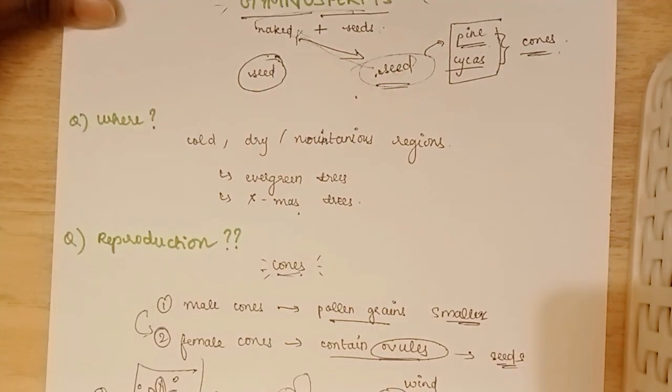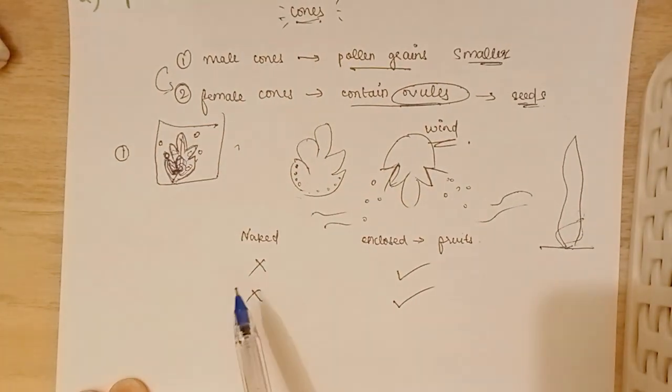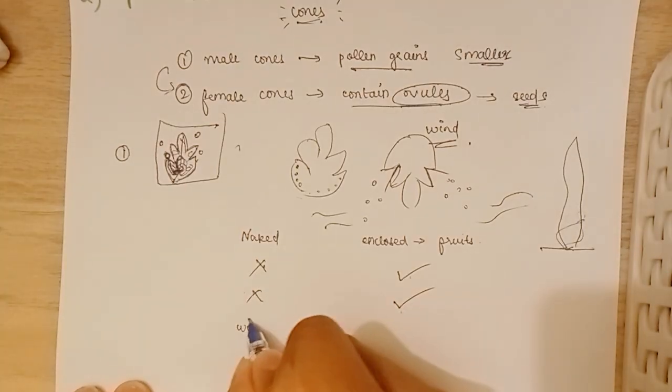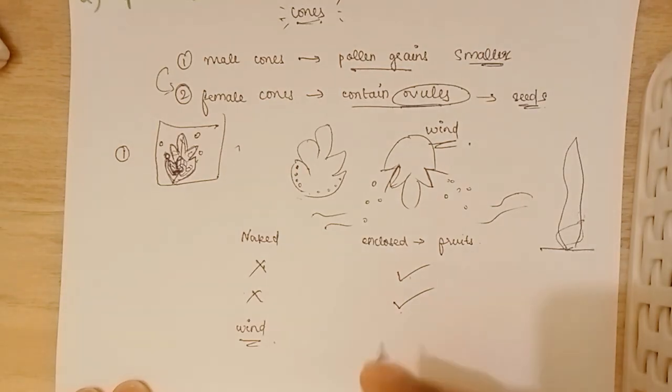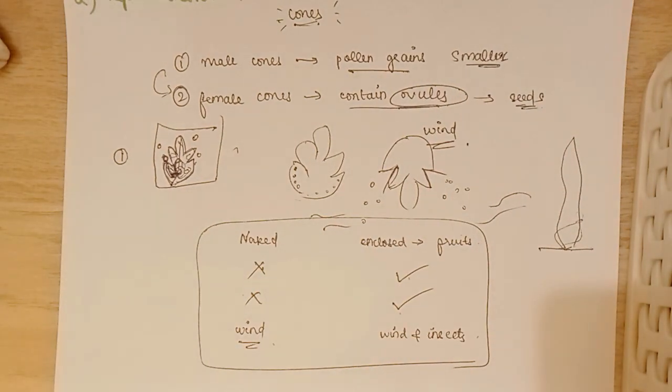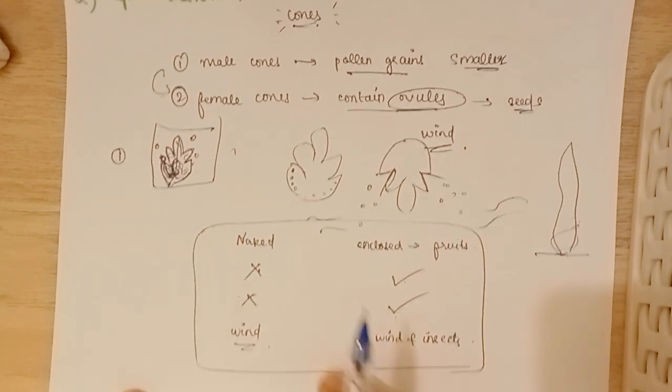And pollination is mostly by wind in gymnosperms, whereas in angiosperms it is wind and insects. This is a very important question coming from this topic, and make sure you are thorough with this.